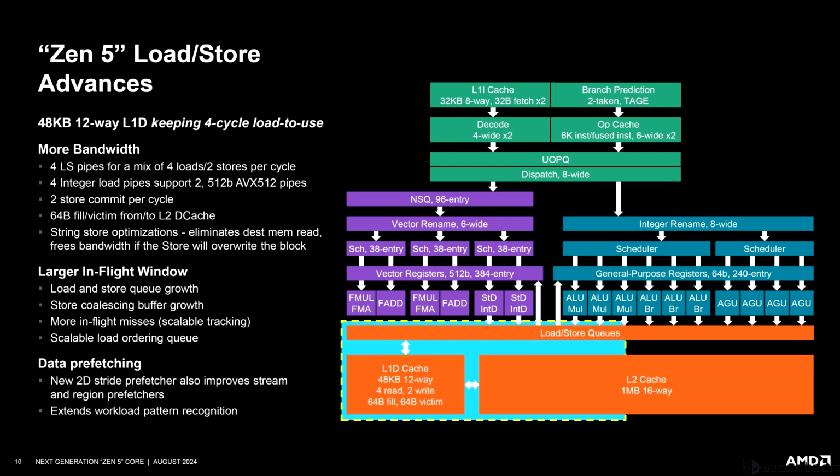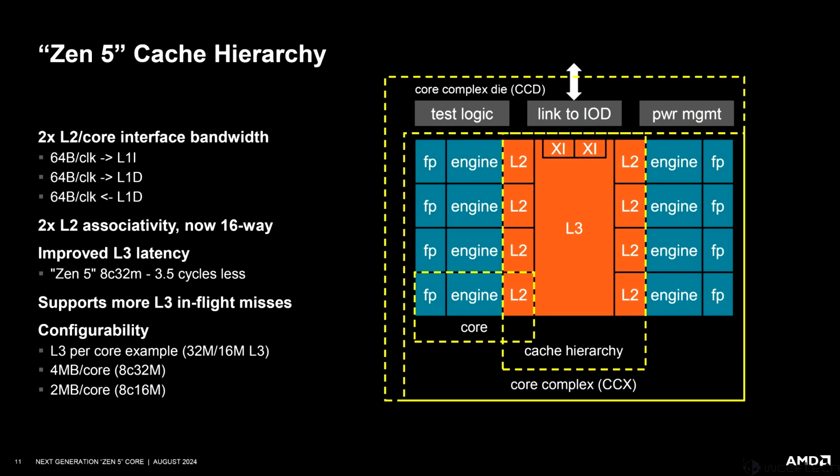Lastly, we have the load and store advances, which include 48 KB 12-way L1D, keeping 4 cycle load to use, more bandwidth, 4 LS pipes for a mix of 4 loads/2 stores per cycle. 4 integer load pipes support 2 512B AVX 512 pipes. 2 store commit per cycle. 64B fill, victim from, to L2 cache.